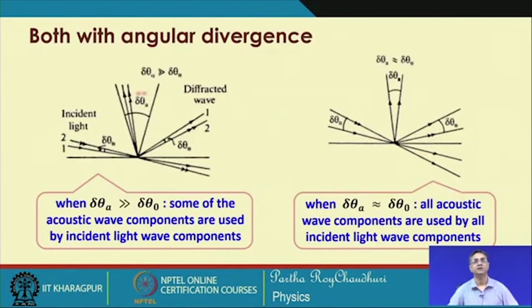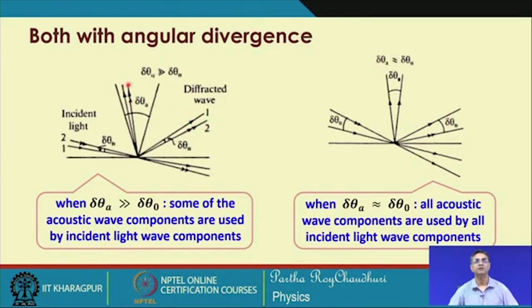Let us see that, because if you look at this configuration, you have an incident wave for which you have a diffracted wave. This is the range of different acoustic wave components. For one optical beam 1, you have a diffracted wave which is Bragg satisfied, then for incident optical beam 2, there will be another diffracted beam under the Bragg condition.